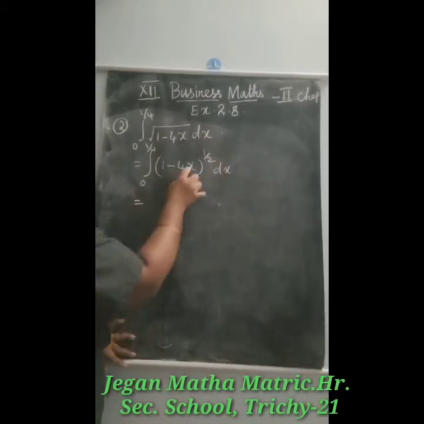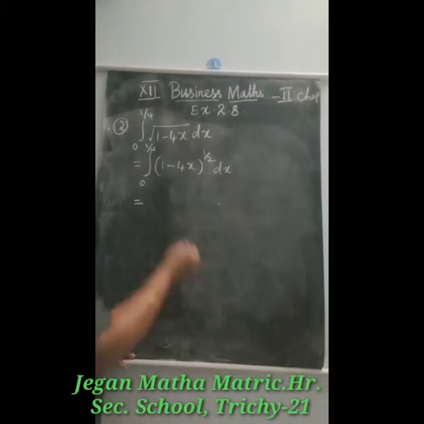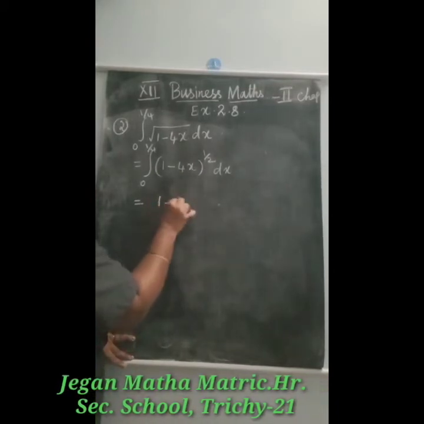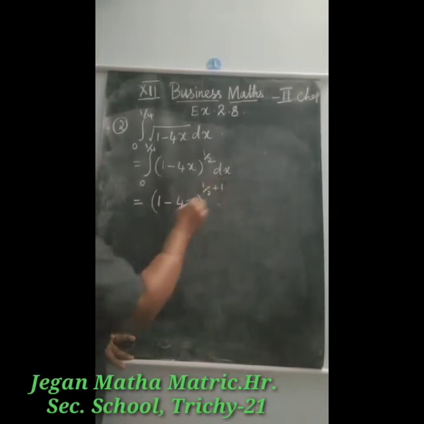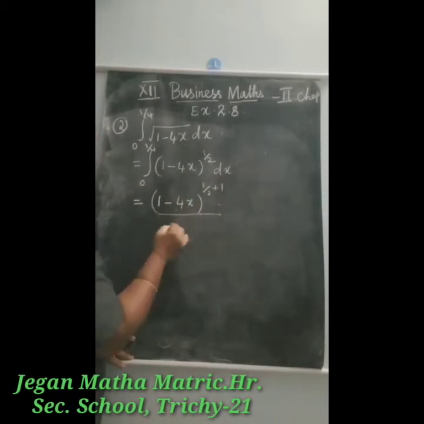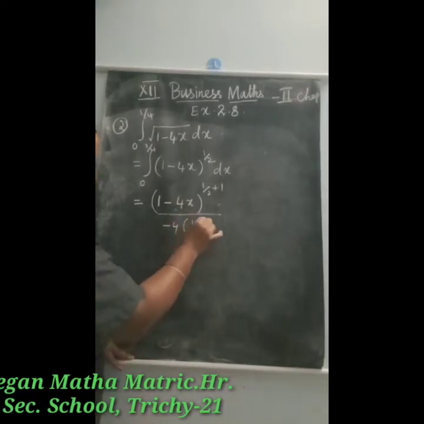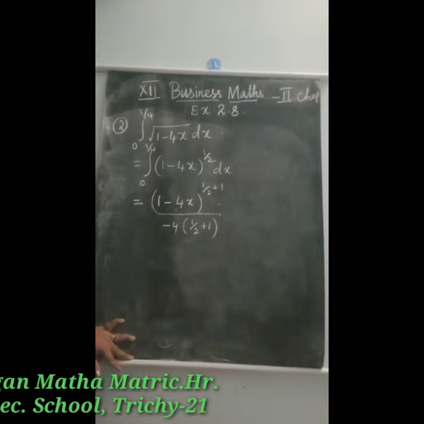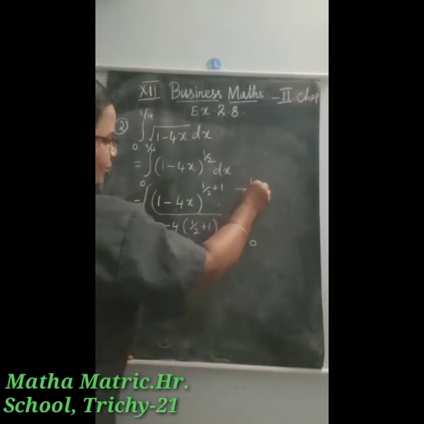Now we have to integrate this power 1 by 2, using the integration formula x power n plus 1 by n plus 1. So we take 1 minus 4x the whole power 1 by 2 plus 1, divided by the coefficient of x, minus 4, into 1 by 2 plus 1. This is the limit value of 0 to 1 by 4.